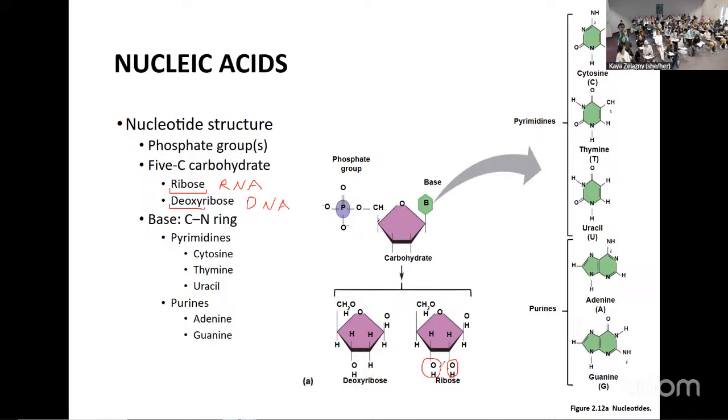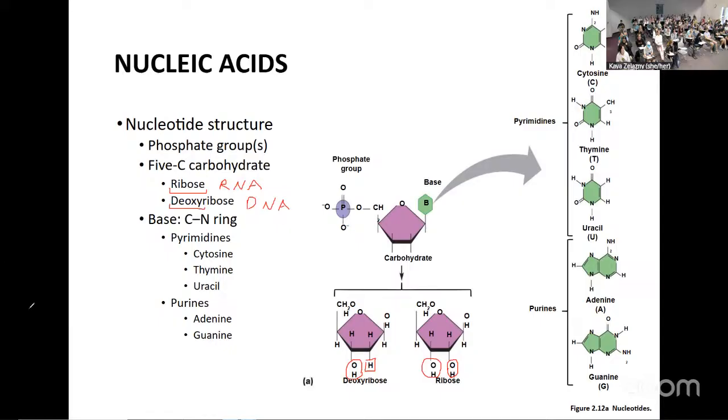Deoxy, we removed an oxygen. If you look at the structure of the deoxyribose, we've still got one little OH hanging out at the bottom, but at that second position that we were examining, we have only a hydrogen. So we removed one of the oxygens on the structure of this carbohydrate ring. That's how it gets its name. Otherwise, they look the same. So ribose for RNA, deoxyribose for DNA.